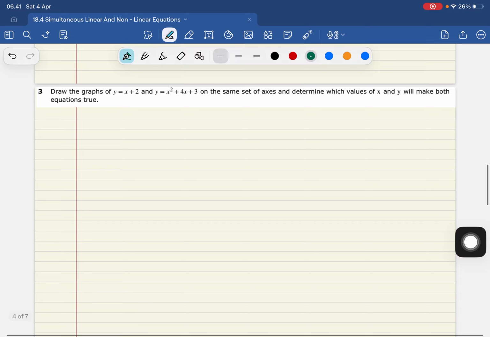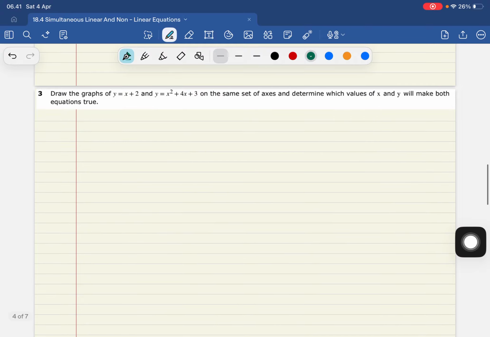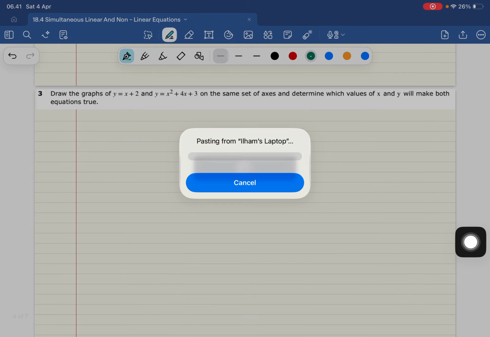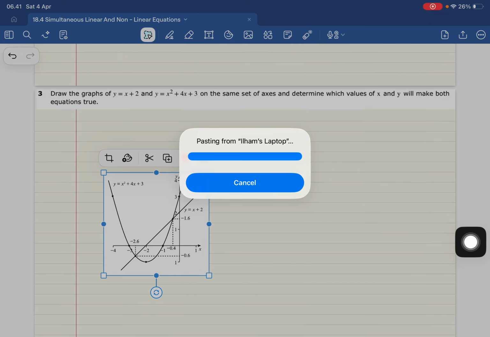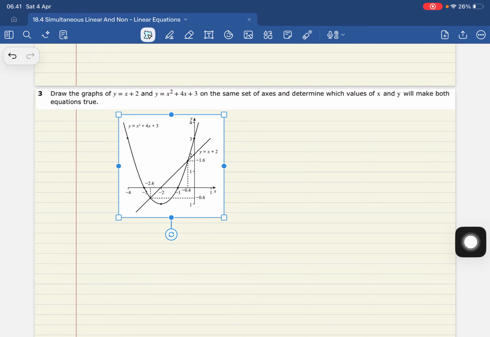Okay, 3, we need to draw the graph that makes both equations true. Here is the graph. You have learned how to draw the graph; you can check my previous video on how to draw the graph and the line. So here it is.